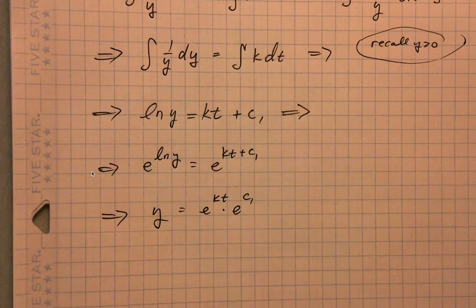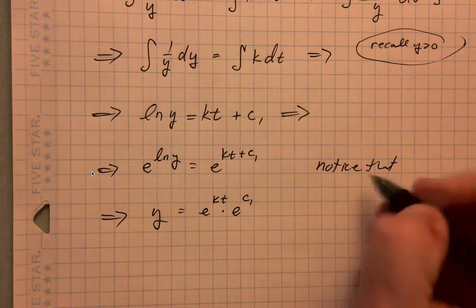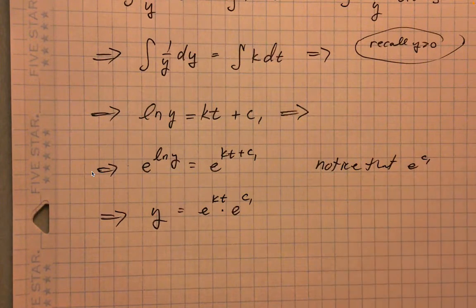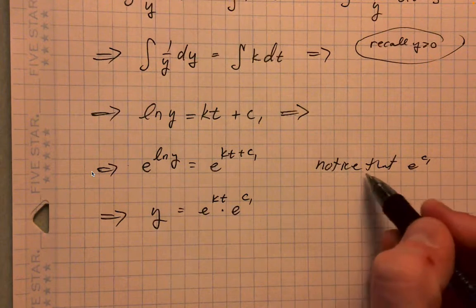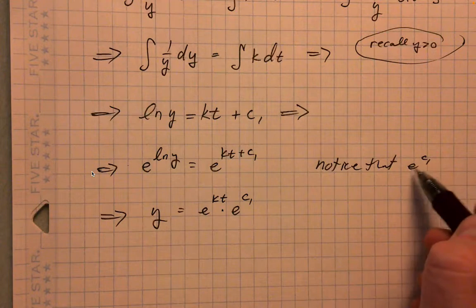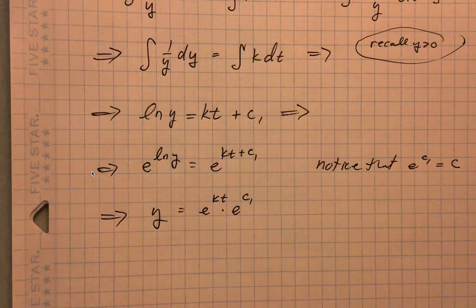Okay. Now notice that e to the c1, right? So c1 is some constant, and that means we're exponentiating e by some constant. And so what we can do here is rewrite e to the c1 as just your c, right? So whatever that c1 happens to be, you can easily rewrite it as just a c, e raised to that constant.